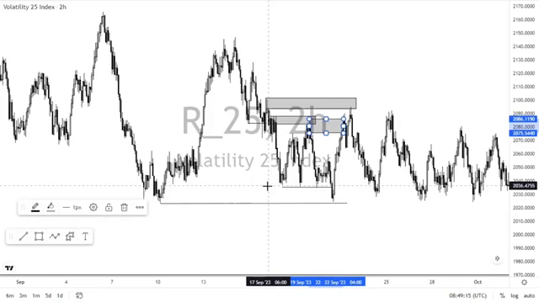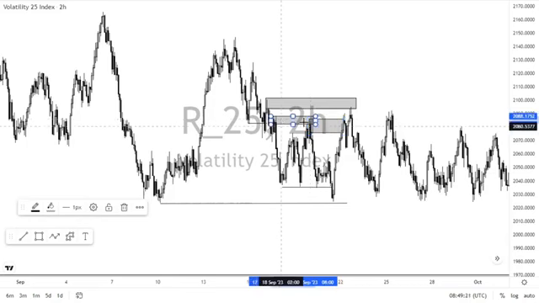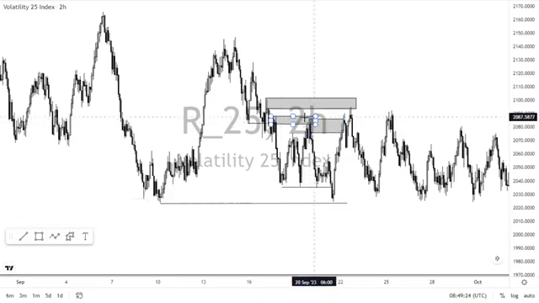Why? Because we've entered this high. They will put their stop losses on this high, this particular one. The stop losses will be here. And the market did something different.